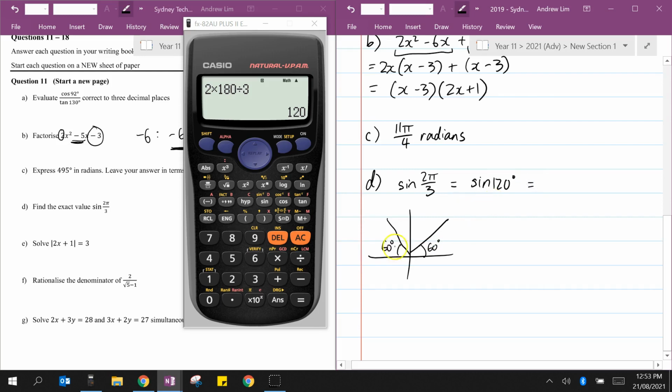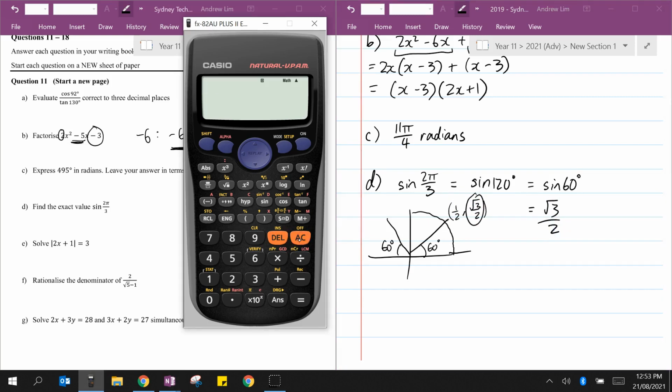And because it's positive, it's just going to remain positive, sine of 60 degrees. So using our unit circle, I know sine of 60 degrees is root 3 on 2.